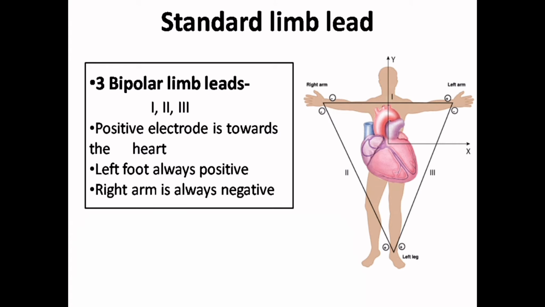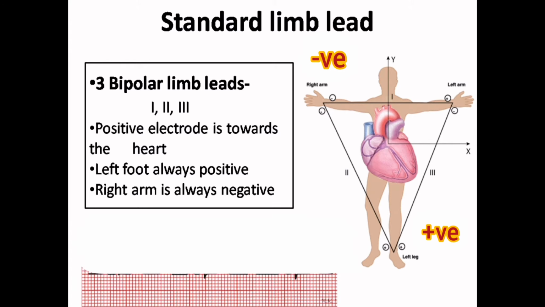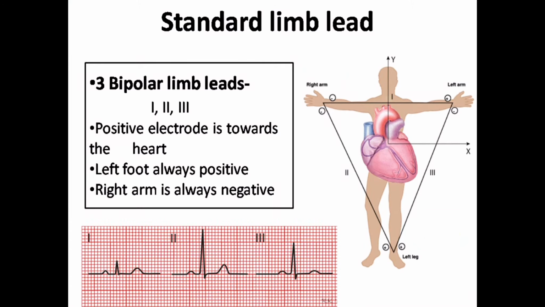The positive electrode is always towards the heart. So the left foot is always positive and the right arm is always negative. So the waves will be seen as this.